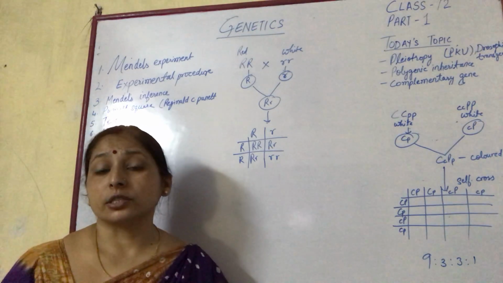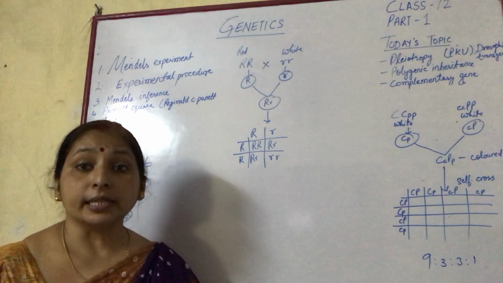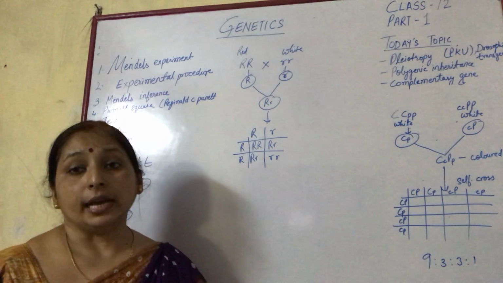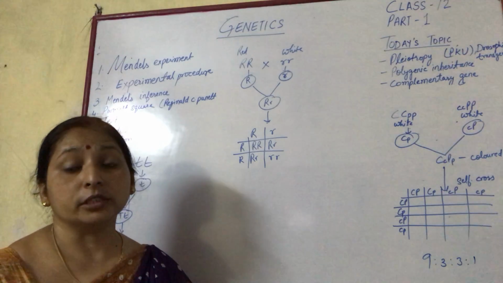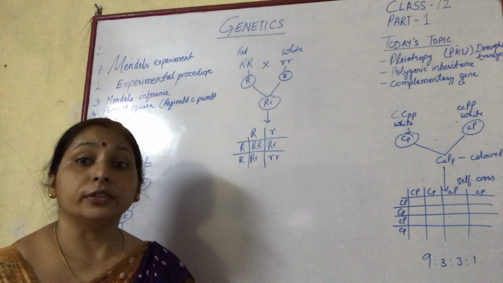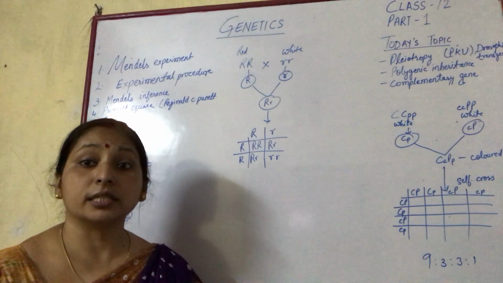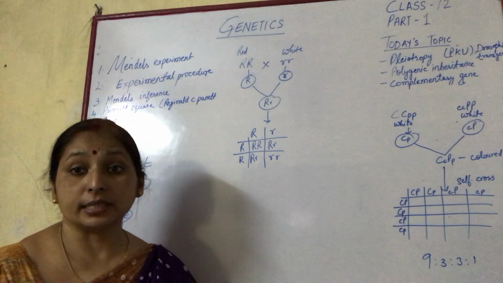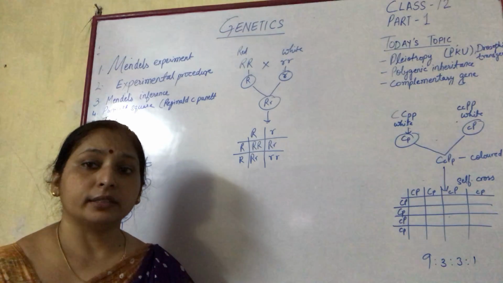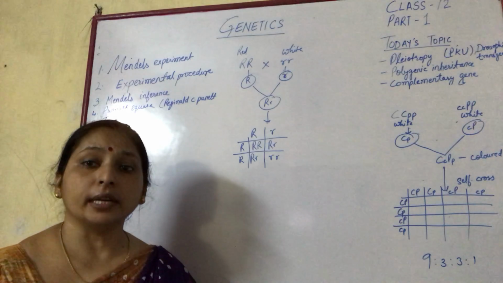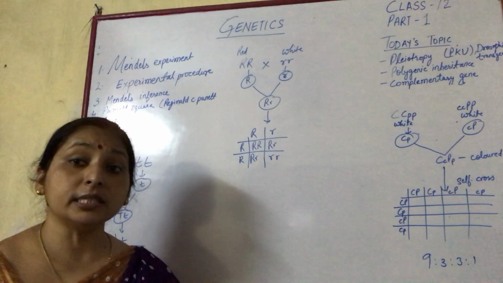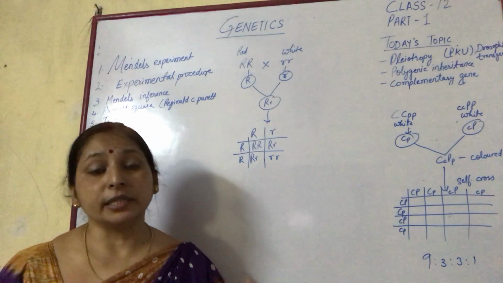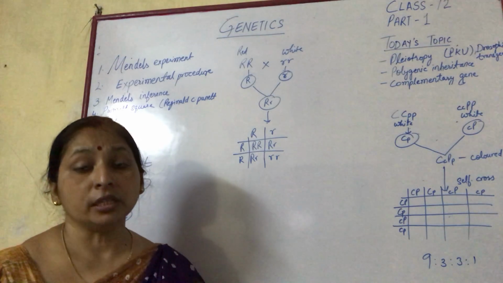After the self-cross of the first filial generation, the second filial generation gives a genotypic ratio of 1:2:1, while the phenotypic ratio is 3:1, where 3 is for the dominant one and 1 for the recessive. It means the recessive character, which remains hidden in one generation, expresses itself in the second filial generation.